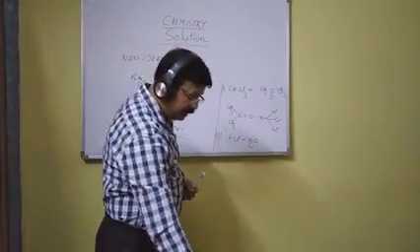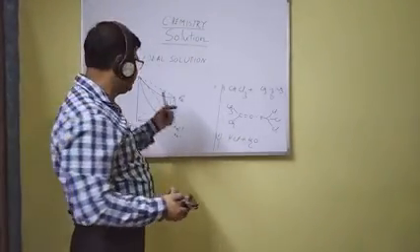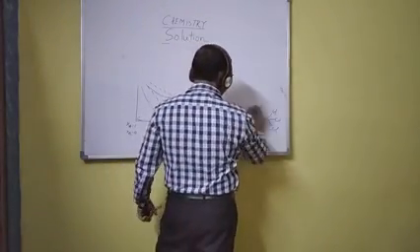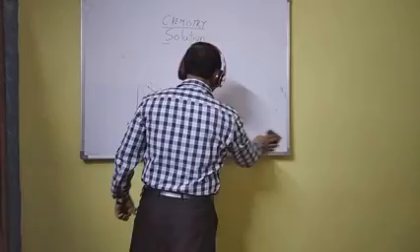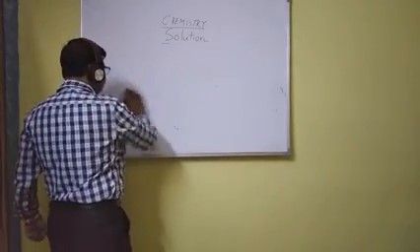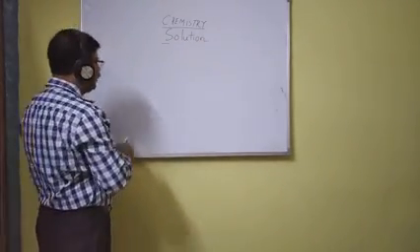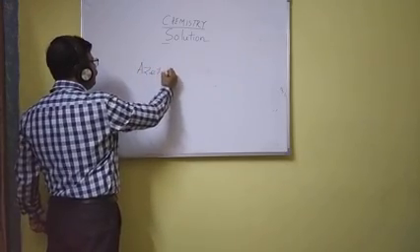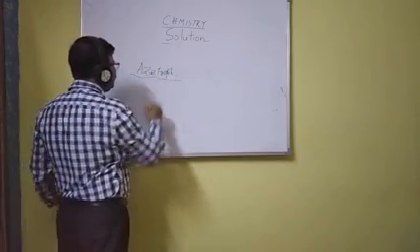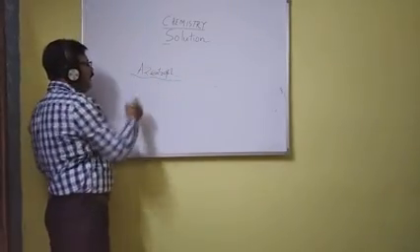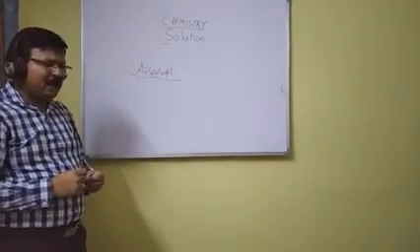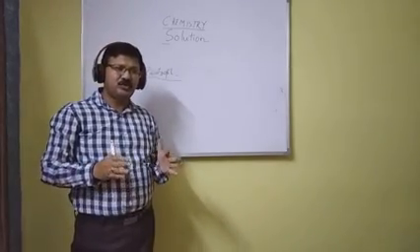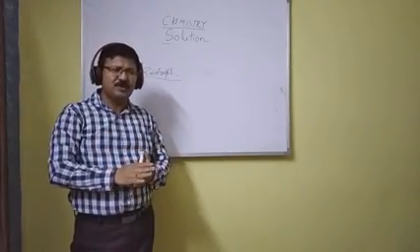Now here is one related topic after ideal and non-ideal solutions, a new topic called azeotrope or azeotropic mixture. Actually, an azeotrope is a mixture of more than one component, maybe two components.